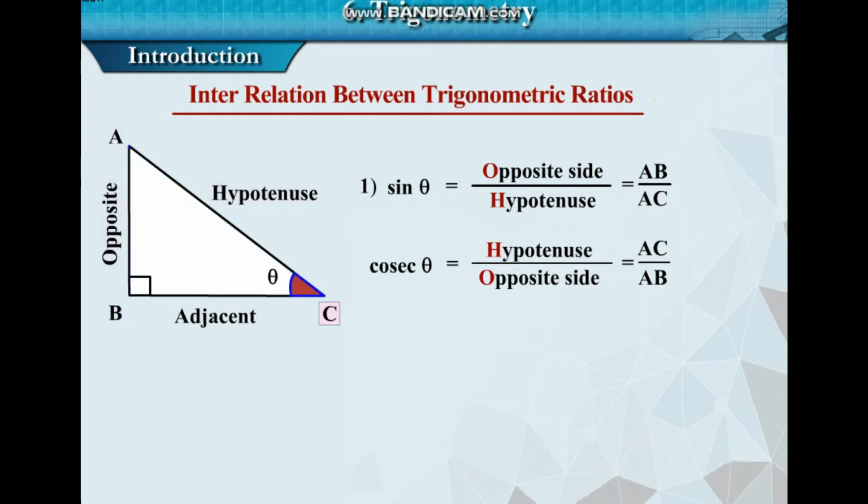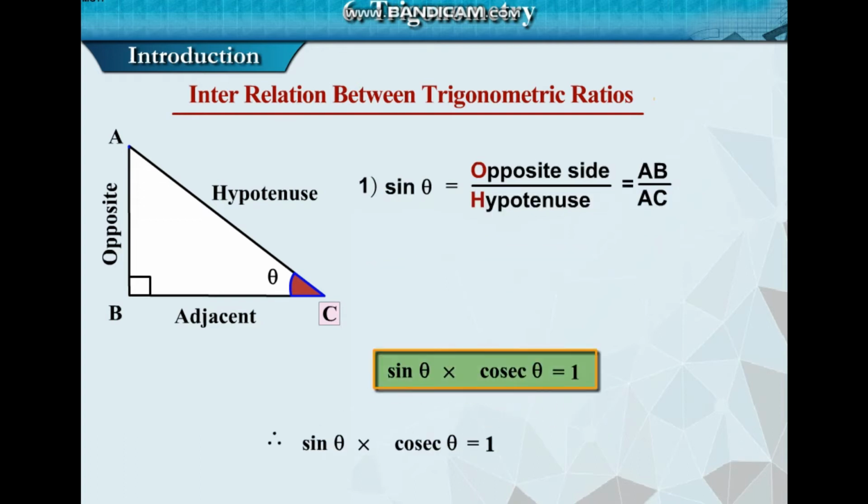Now, sin theta multiplied by cosec theta is equal to AB upon AC multiplied by AC upon AB, which is equal to 1. Therefore, sin theta multiplied by cosec theta is equal to 1. Sin theta is equal to 1 upon cosec theta, and cosec theta is equal to 1 upon sin theta.